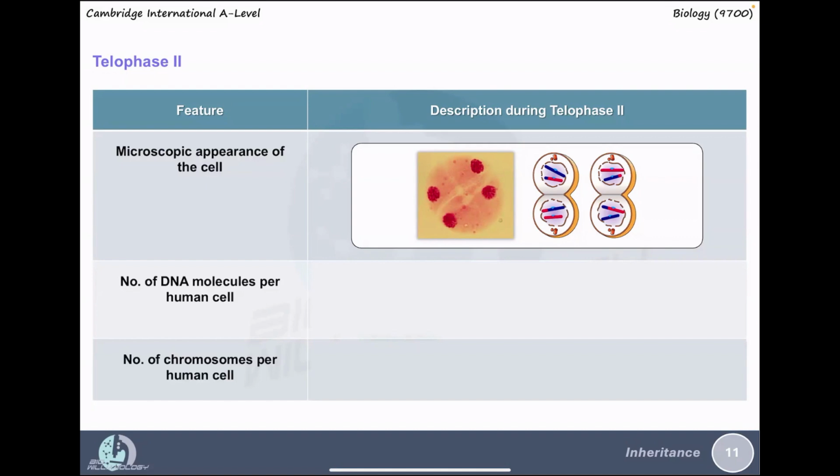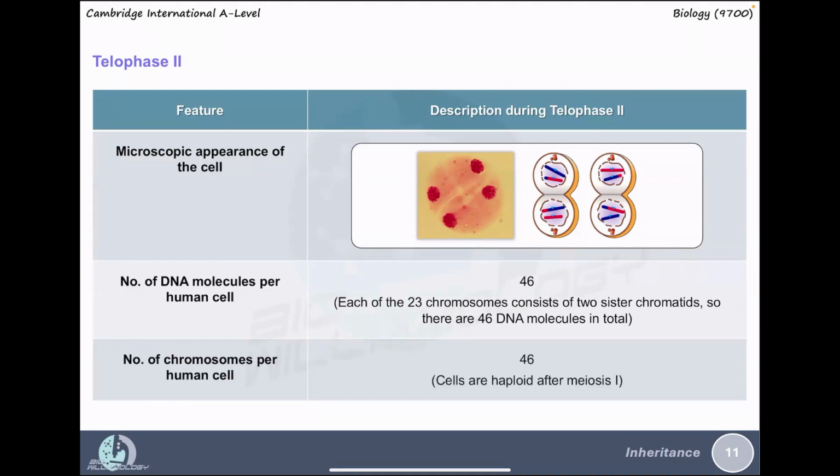The spindle microtubule degenerates, and a cleavage furrow is formed, so that cytokinesis begins. At this moment, the cell is not divided yet, so the number of DNA per cell is 46, and the number of chromosomes per cell is 46.